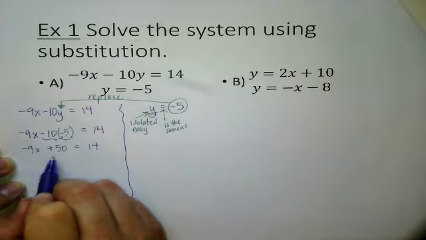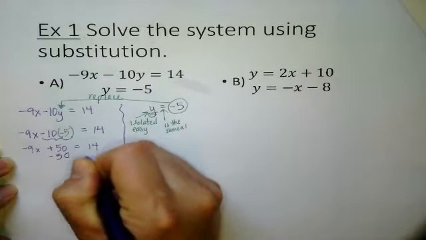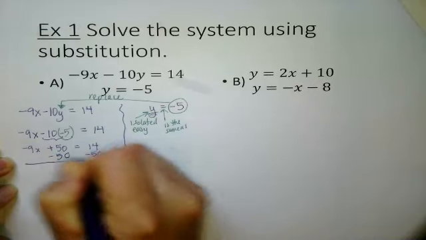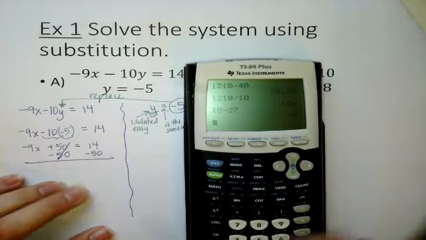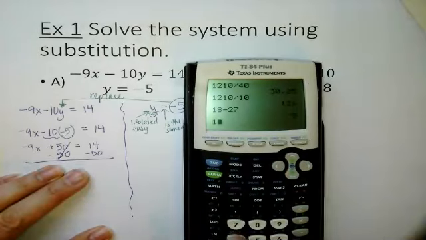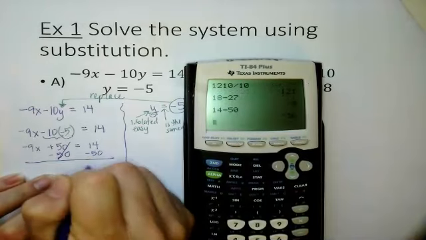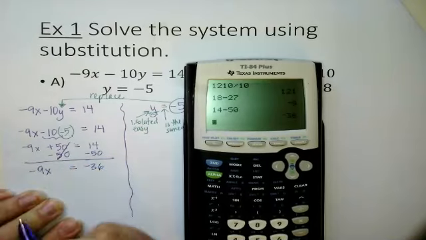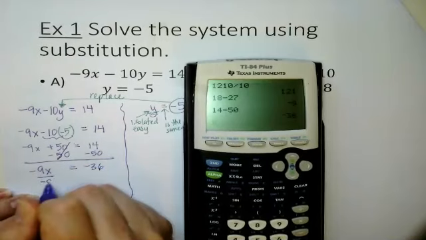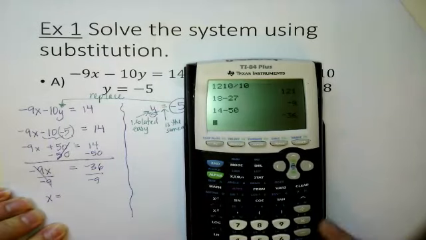Isolating x, we move this 50 to the other side, so I'm going to subtract 50. I'm going to use my calculator because I can, and so can you. 14 minus 50 is -36. It's equal to -9x. To get x by itself, we divide by -9. So x equals -36 divided by -9, which is 4.